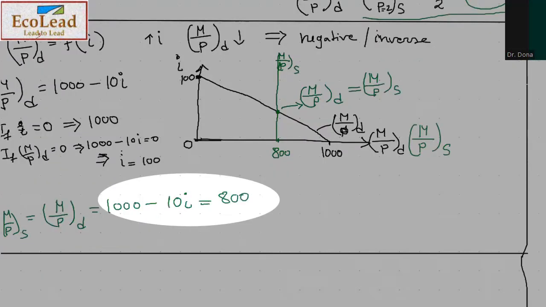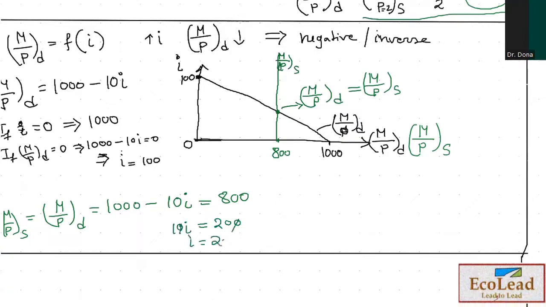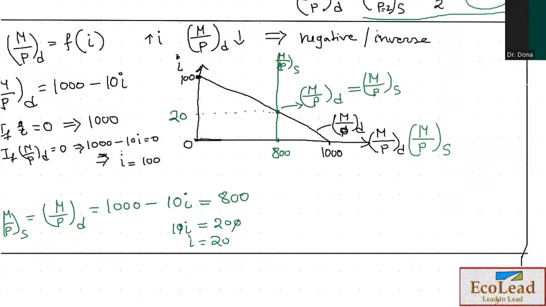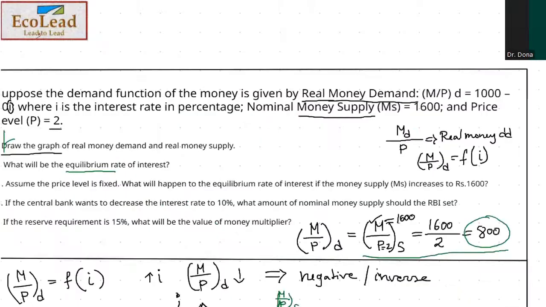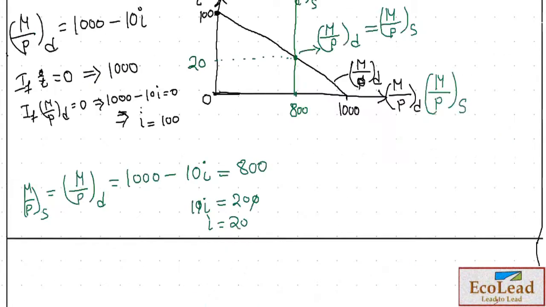Now if you solve it, then 10i equals 200, i equals 20. So the equilibrium interest rate here is 20. Clear? So the second question is also solved. What is the equilibrium interest rate? We have identified the equilibrium interest rate here is 20%. Now let us move to the next question.